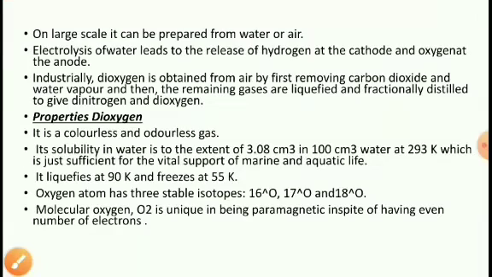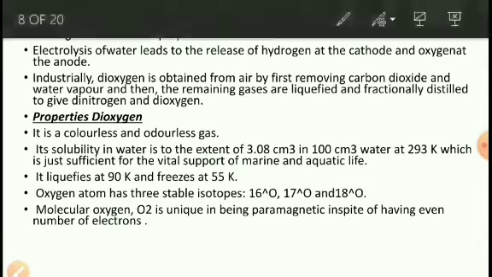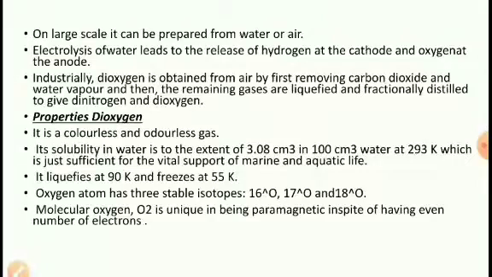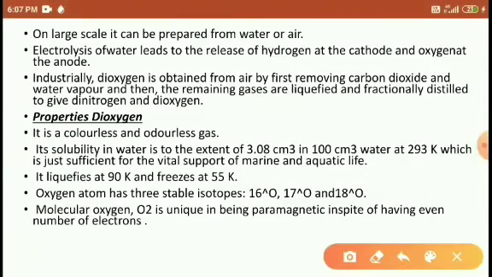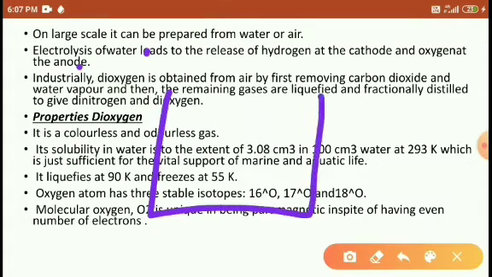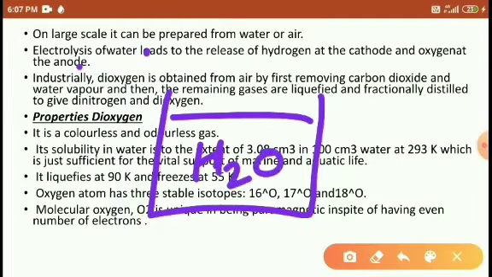Right, students? On a large scale, it can be prepared from water or air. The electrolysis of water releases hydrogen at the cathode and oxygen at the anode. Already we know the electrolysis of water; I think in your lower class you already studied this.